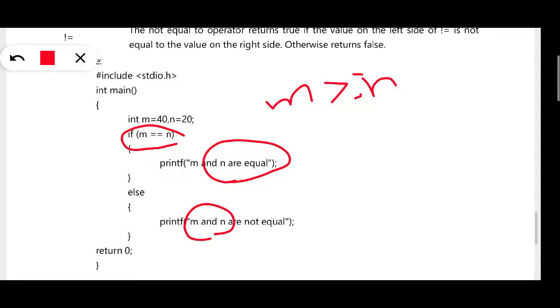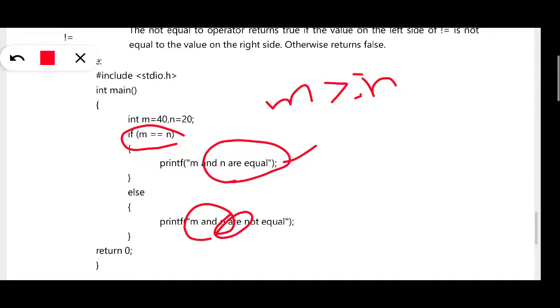In printf, m is greater than or equal to n. Otherwise, in the else part, m is not the bigger value, write that here.